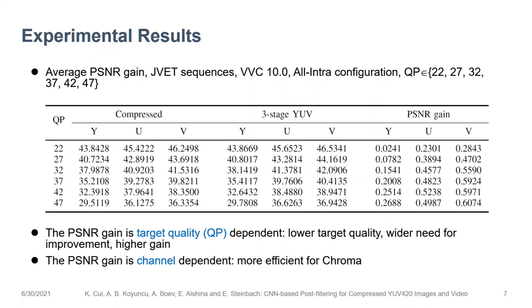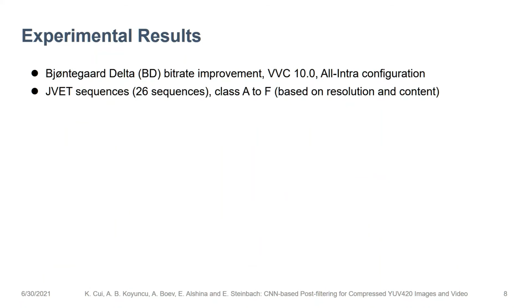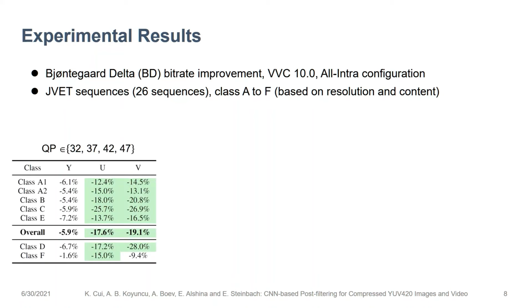We also calculate the BD-rate bitrate improvement to evaluate the performance of the proposed approach. First, we use QP32, 37, 42, 47 to do the testing. The testing sequences are the JVET sequences, and they are classified into A to F based on the resolutions and content.